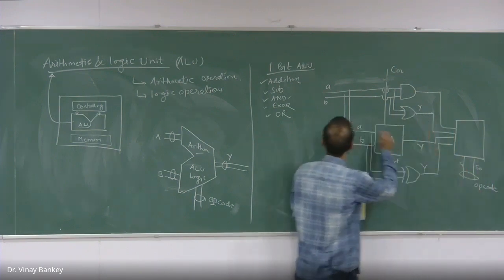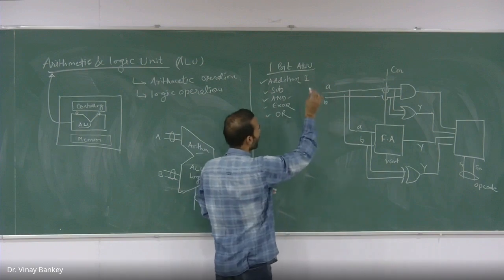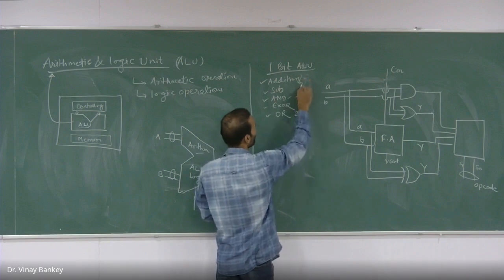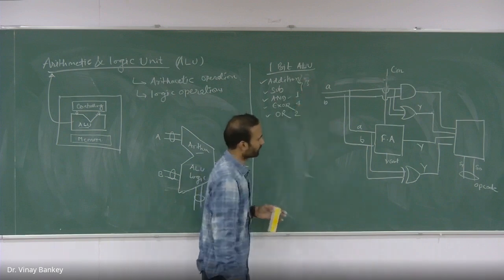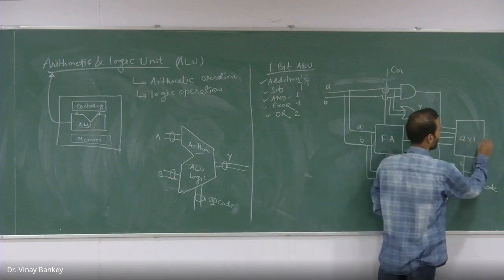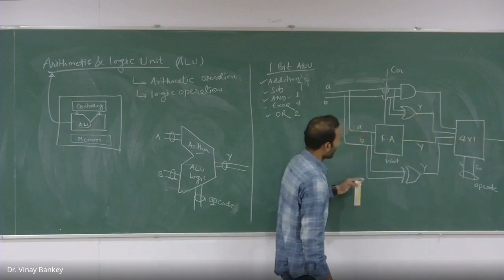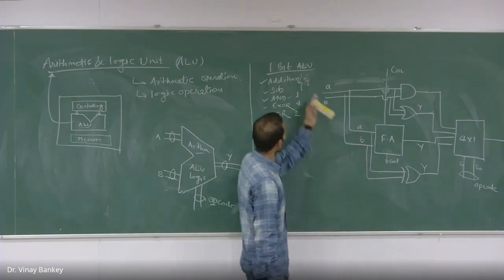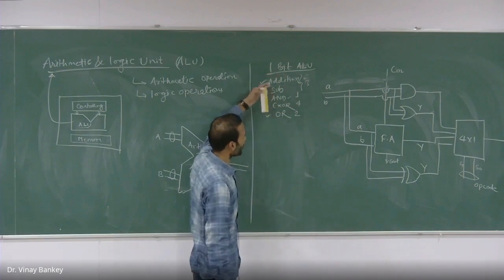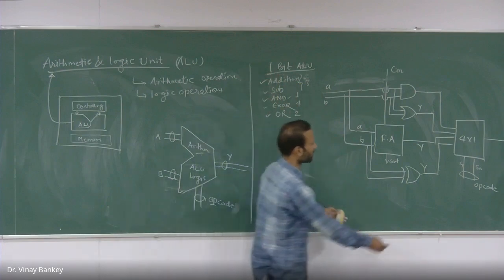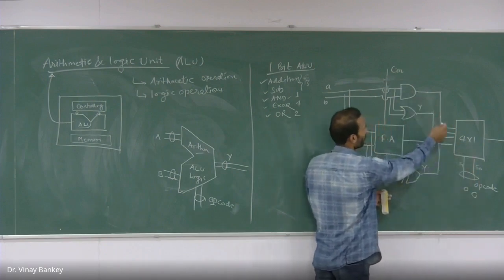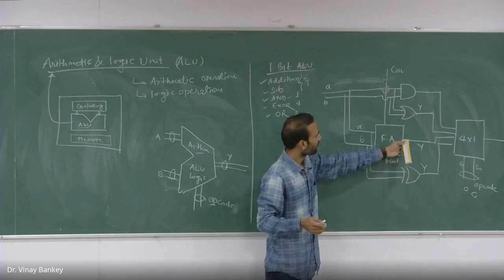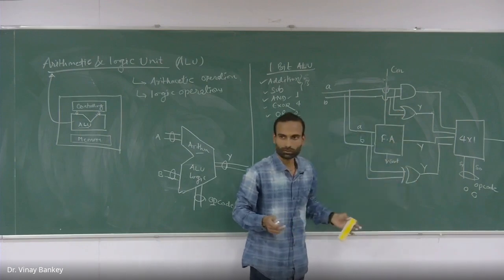So these are inputs 1, 2, 3 and 4. Will this perform your job of these four arithmetic and logical operations? When I say 0, 0, it will perform the ANDing of these two. When I say 0, 1, this will be ORing, then addition and subtraction, and this XOR.